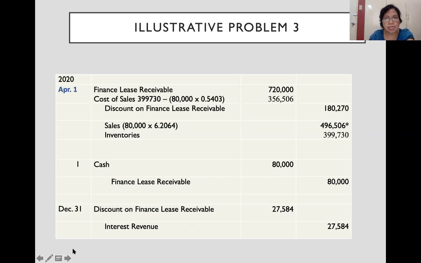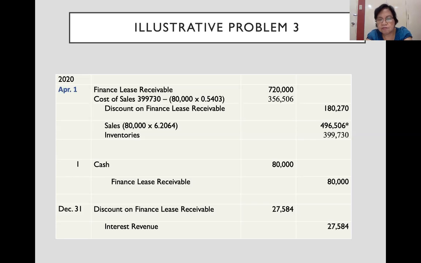Okay, so again, it matters in our entries for dealer's lease or manufacturer's lease that the residual value is guaranteed or unguaranteed. If the residual value is guaranteed, the present value of the guaranteed residual value will be included as part of sales.